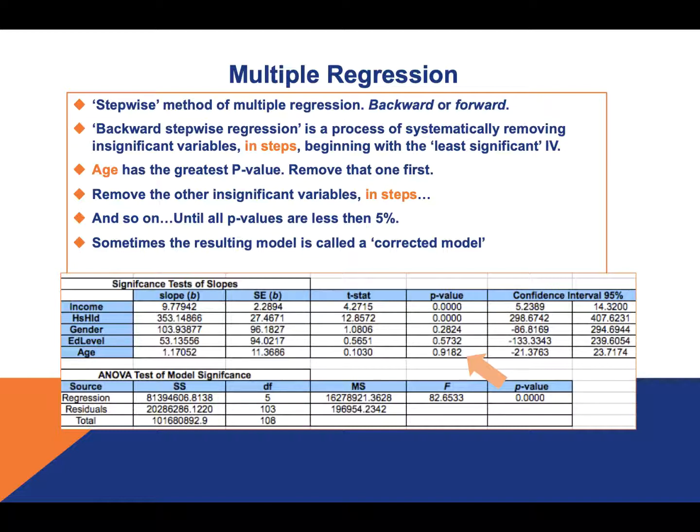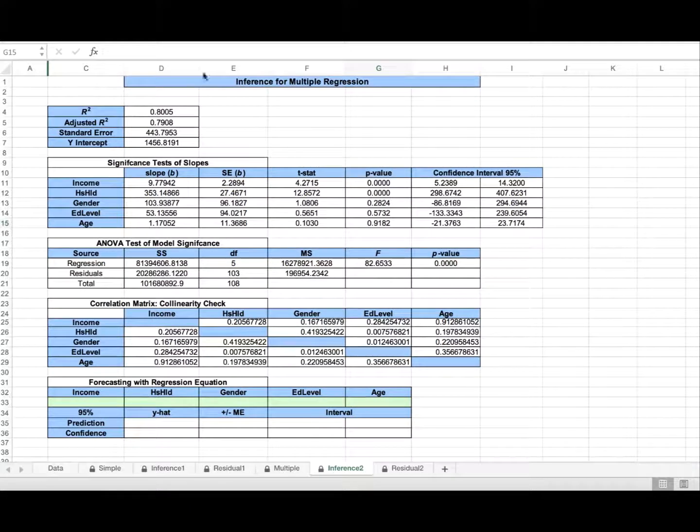Then we would find the next least significant variable, and so on, until all of the p-values for our t-tests were less than 5%. Sometimes the resulting model, with all of those p-values less than 5%, is referred to as the corrected model. Let's return to our multiple regression tool and discuss our results.